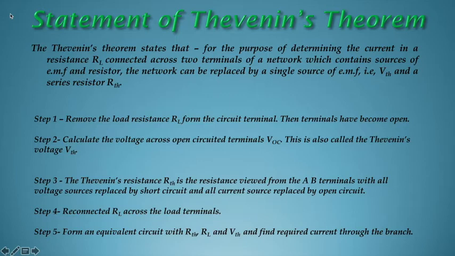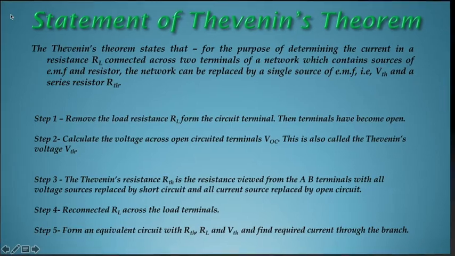The Thevenin's resistance RTH is the resistance viewed from the AB terminals, with all voltage sources replaced by short circuits and all current sources replaced by open circuits. Step 4. Reconnect RL across the load terminals. Step 5. Form an equivalent circuit with RTH, RL and VTH and find the required current through the branch.